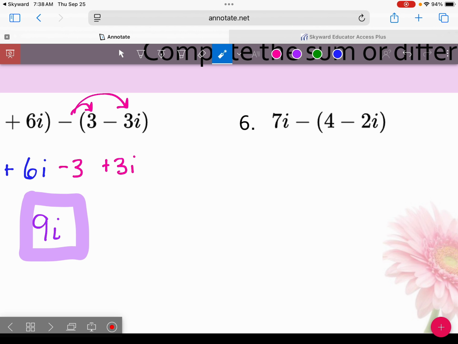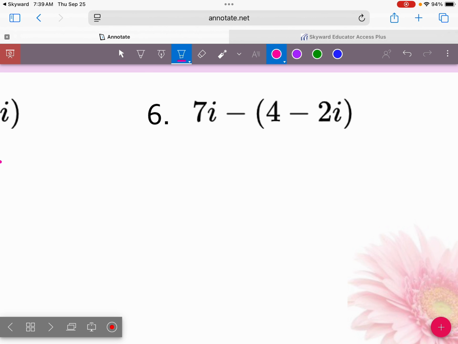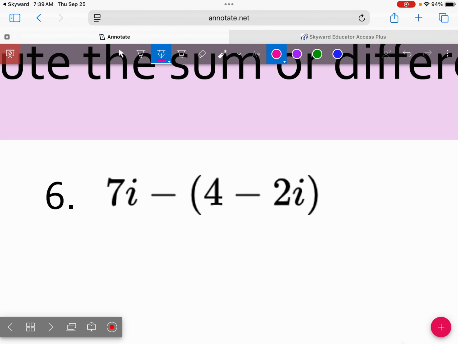So we've got 7i minus 4 minus 2i. That's okay. We don't treat it any different. Same deal. It's just already dropped the first set of parentheses. It's 0 plus 7i. So since we're subtracting again, I still need to distribute that minus sign through. Anytime we are subtracting, we need to distribute this minus sign through. It's super important.